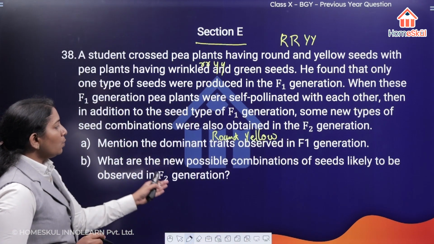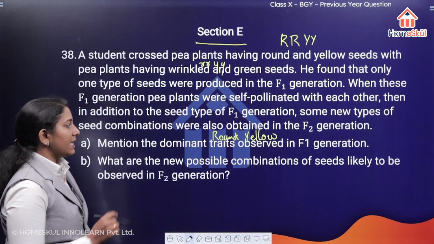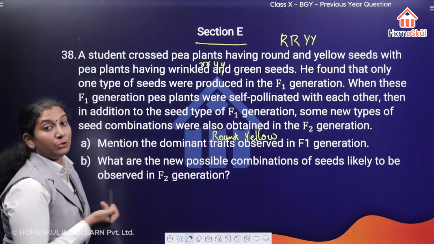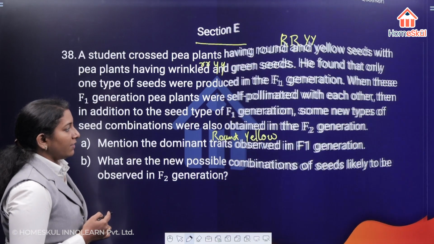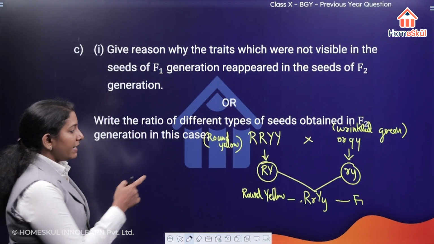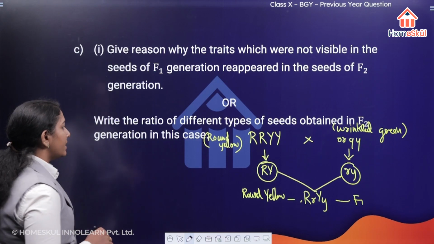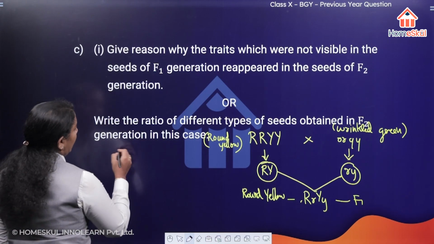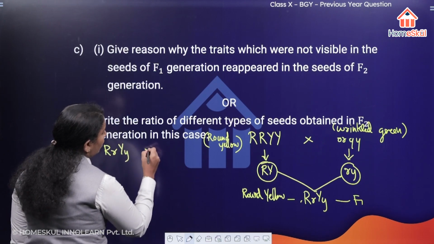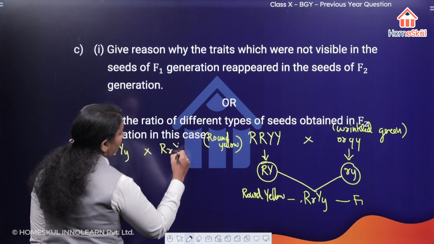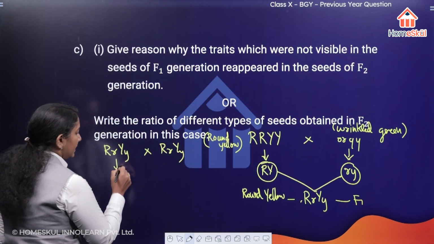Then what are the new possible combinations of seeds likely to be observed in the F2 generation? To get the F2 generation, we have to self-pollinate the F1 progenies, right? That is capital R small r, capital Y small y, crossed with capital R small r, capital Y small y. Then we'll get gametes.